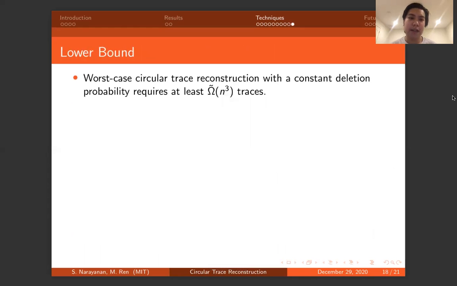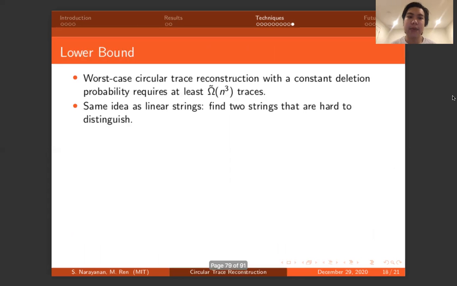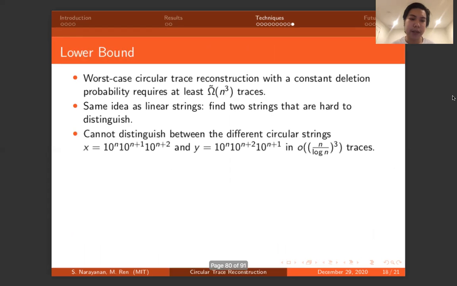So now I'm going to talk a little bit about the lower bound, where for worst case circular trace reconstruction, we need at least, up to log factors, n cubed traces. So the idea behind this one is the same as for linear strings. We want to find two strings that are hard to distinguish just from their traces. And so the strings we'll take are x, which is 1 followed by n zeros, followed by 1 followed by n plus 1 zeros, followed by 1 followed by n plus 2 zeros.